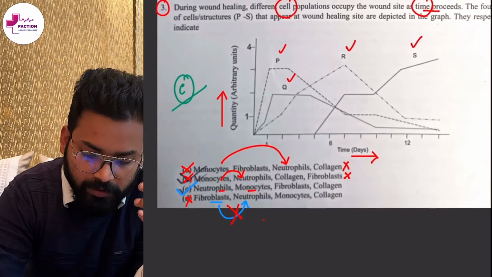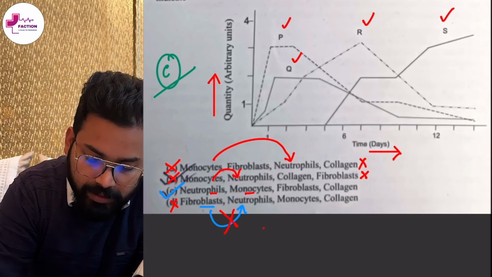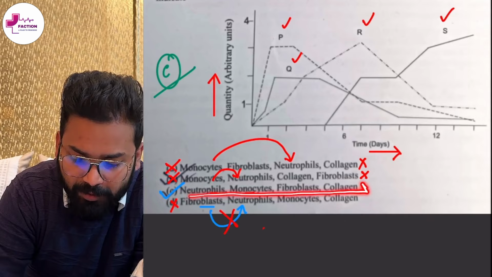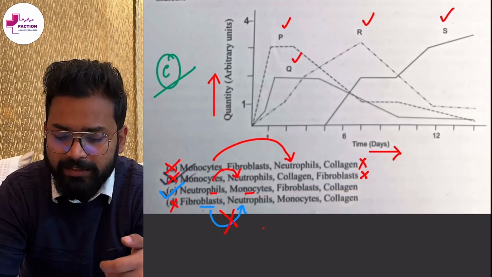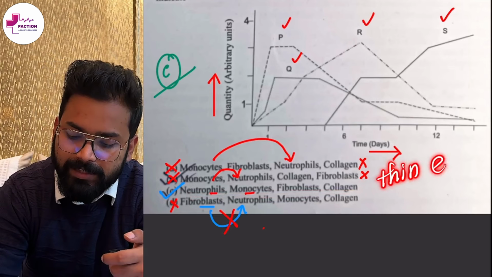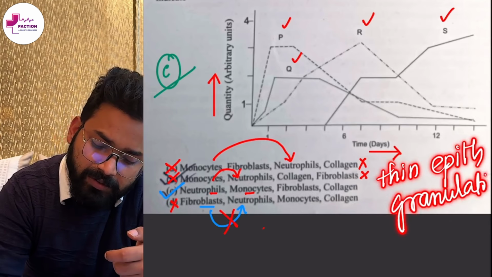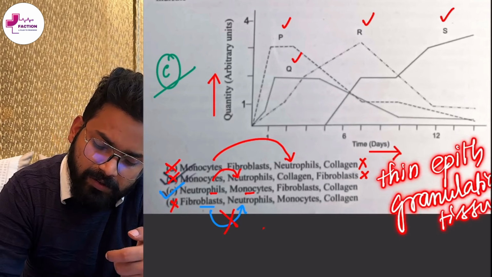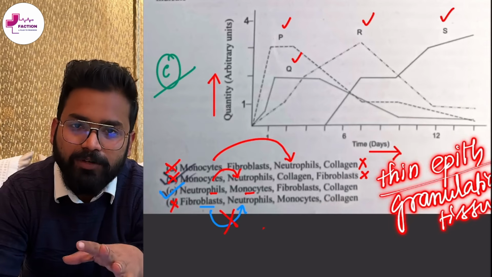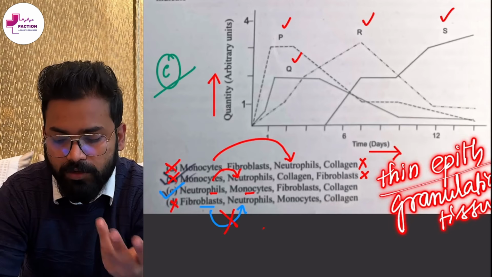If you look into this, here we can get these events sequentially, although some names are missing. Thin epithelial cells, this name is missing. Then granulation tissue is missing. They also forgot to mention type 3 and type 1 collagen. That is intentional because collagen is at the last.